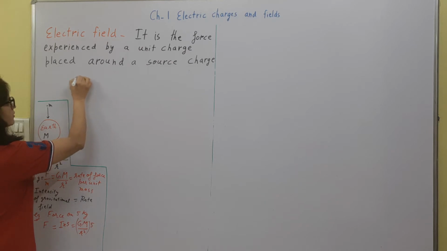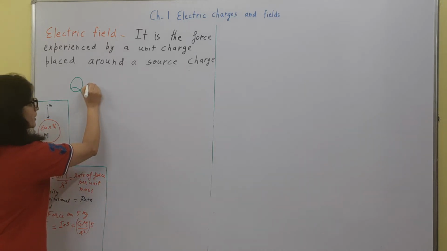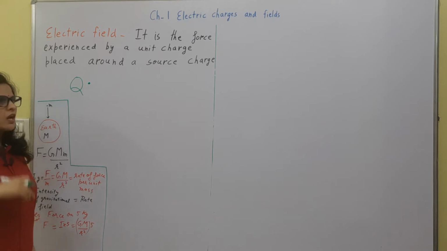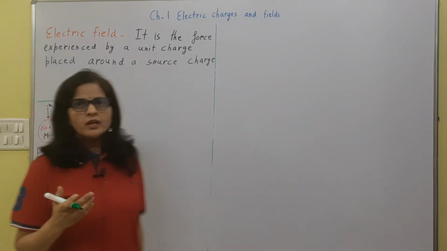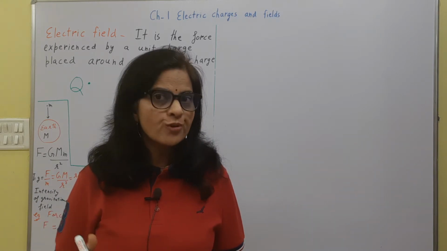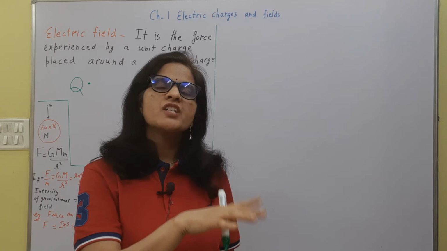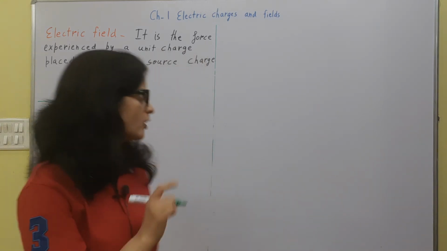If I have a source charge, which you can compare with the earth, which we had taken in the case of the gravitational force, I want to know how much is the electric force exerted by this charge on any charge which is placed around it. What will I do?